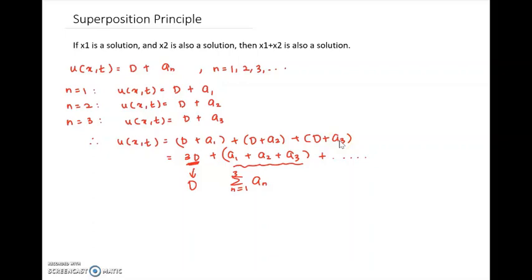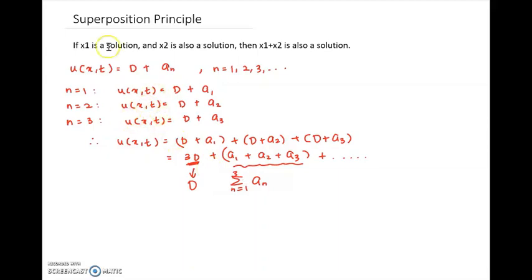That's why we can simplify the terms to the summation notation from 1 up to positive infinity. This is what we call the superposition principle. I hope you're clear on that, because sometimes students just memorize the solution without knowing why they write it in terms of summation.